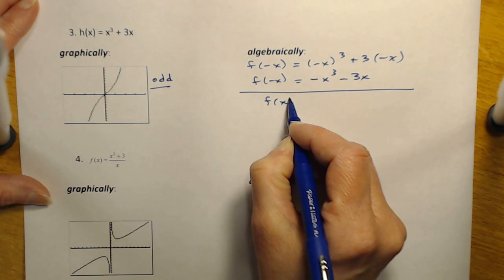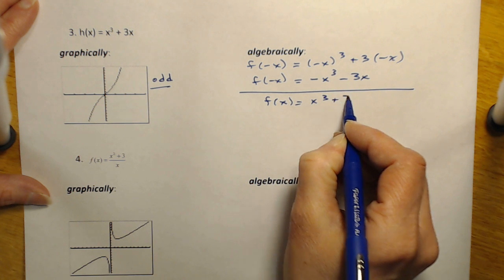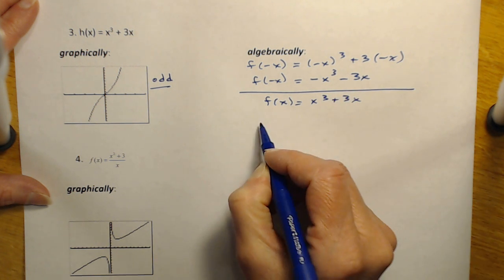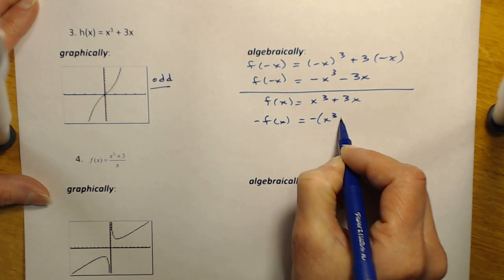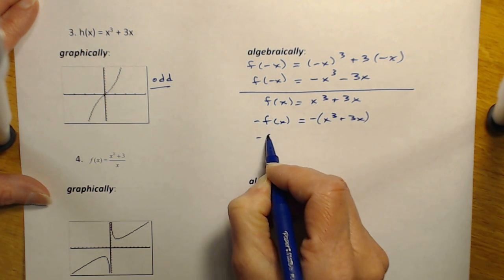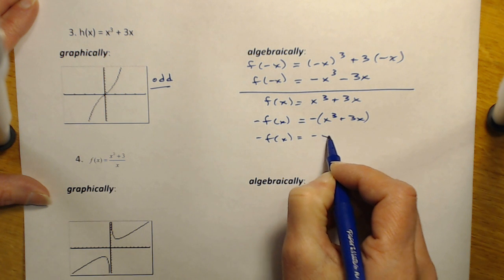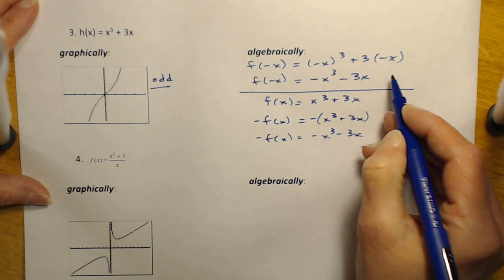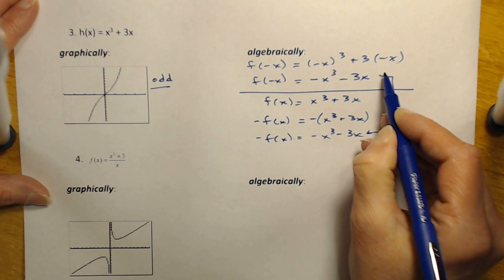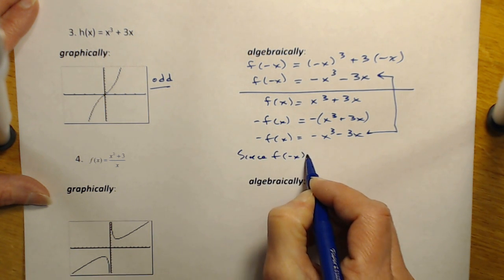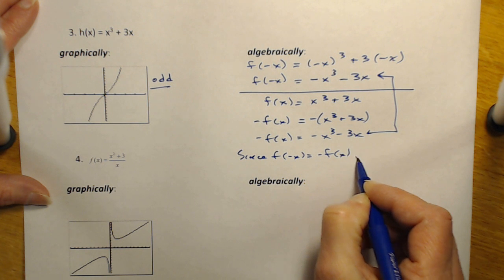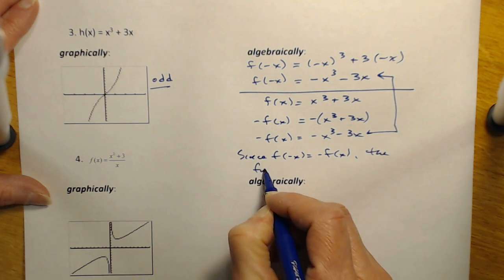Again, we compare it to the original. It's clearly not equal to the original, so it's not even. And then we compare it to the opposite of x cubed plus 3x. So distributing this minus sign, you get negative x cubed minus 3x. And we can see these two are in fact equal. So since f of negative x equals negative f of x, the function is odd.